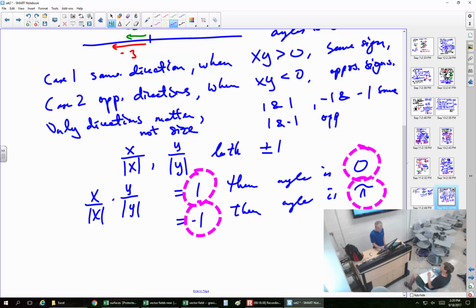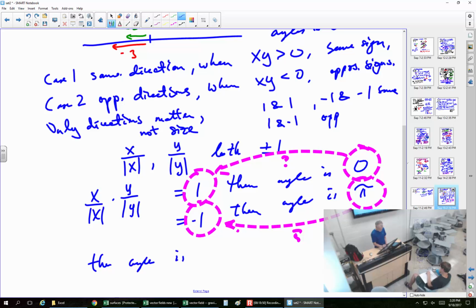So the correspondence between 1 and 0, -1 and pi. What is this? Can you see the function? Cosine. It is the cosine. So then the cosine of the angle is that product.